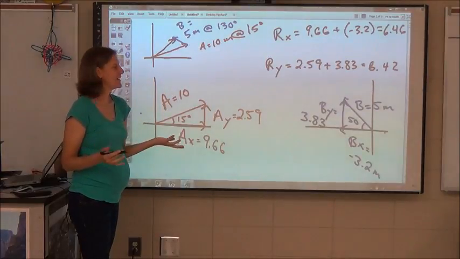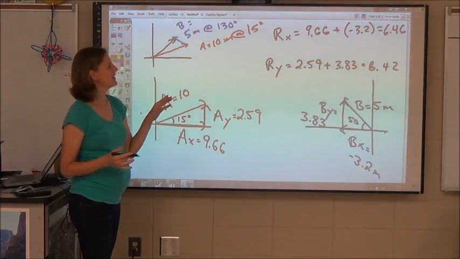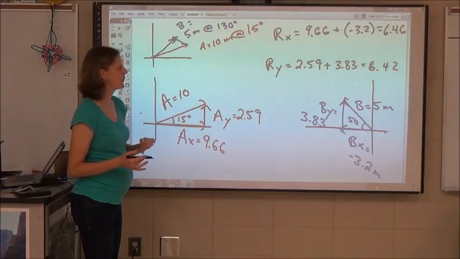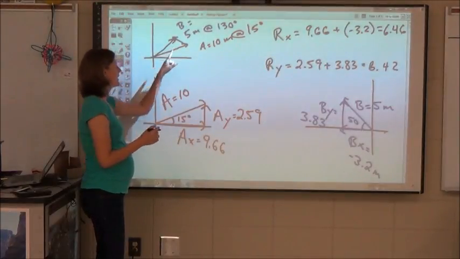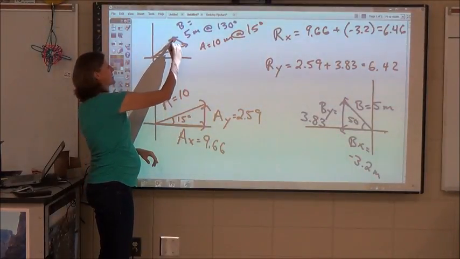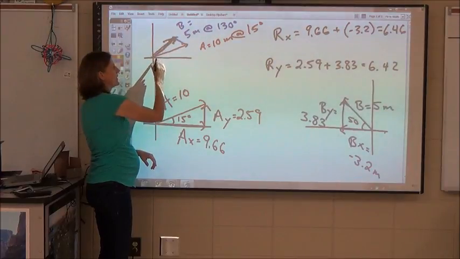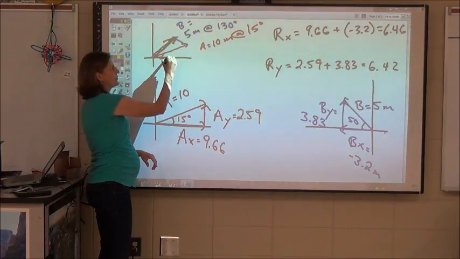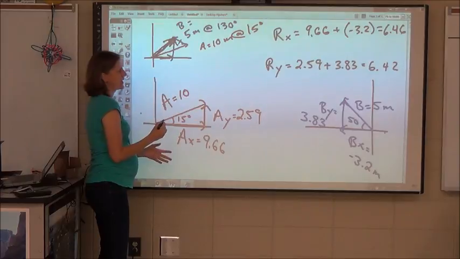Still not my final answer, but now I can sketch that out from one last vector picture. And again, here was my original sketch. Here's the result I'm looking for. I now know the X value to that and the Y value to that.